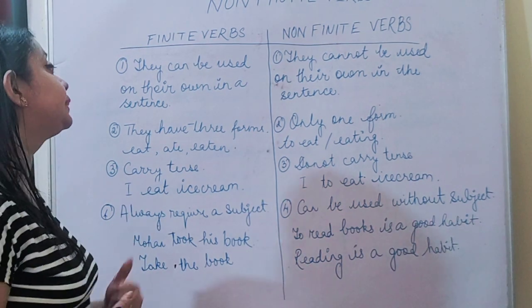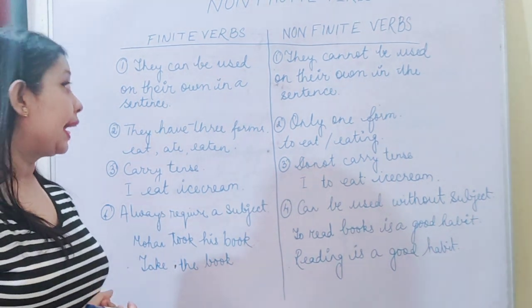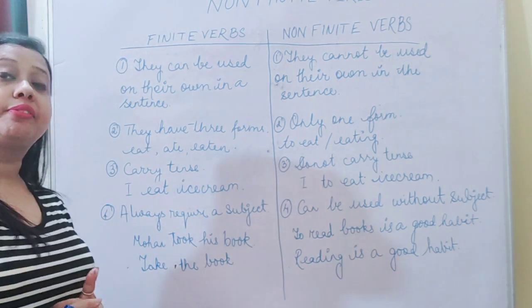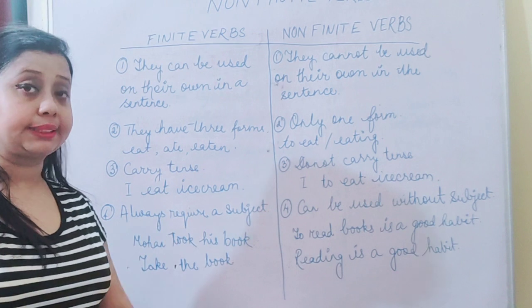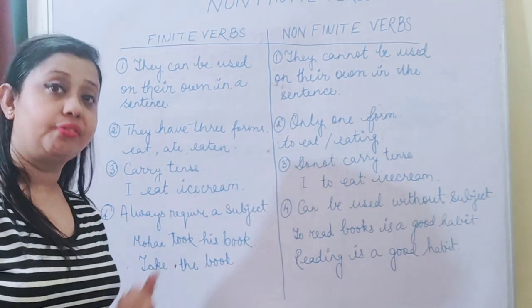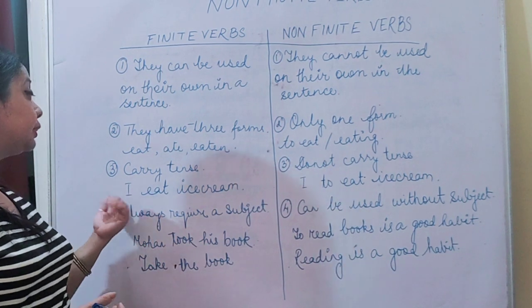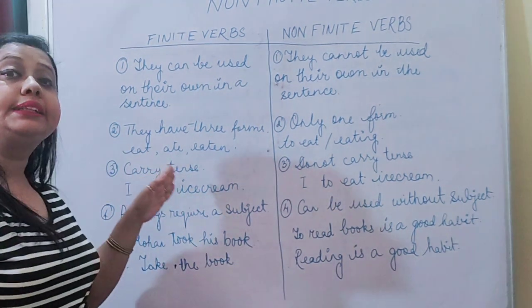Therefore, the second difference that we find between finite and non-finite verbs is that finite verbs have all the three forms, that is present, past and past participle, but non-finite verbs have only one form. Then coming to the third point, finite verbs carry tense.